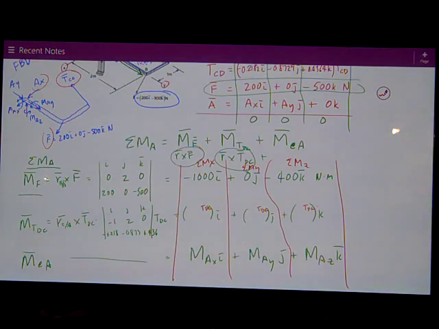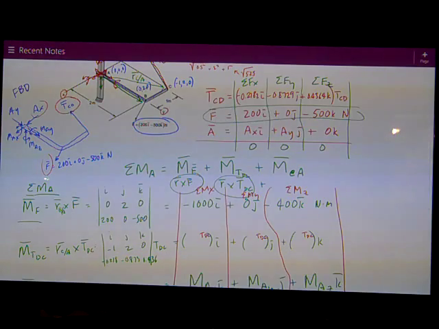Each column sums to 0, but the problem is I've got 4 unknowns, MAX, MAY, MAZ, and the force in the cable. So I've only got 3 equations. I can't solve that.